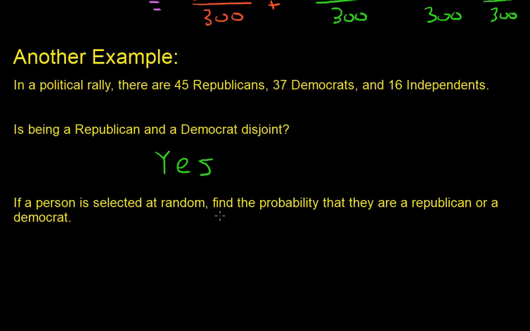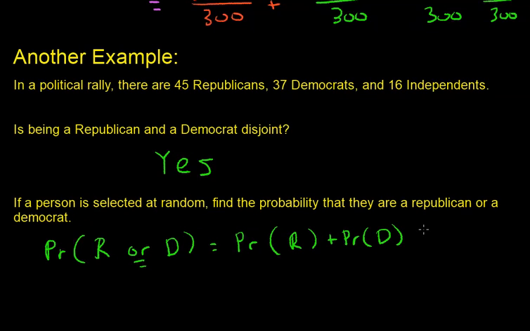If a person is selected at random, find the probability that they are a Republican or a Democrat. I'll use R for Republican and D for Democrat. Using my addition rule, this would be P(R) plus P(D). I could subtract off the probability of R and D, but that ends up being 0 anyway, since being a Republican and a Democrat are disjoint. What's the probability of being a Republican?